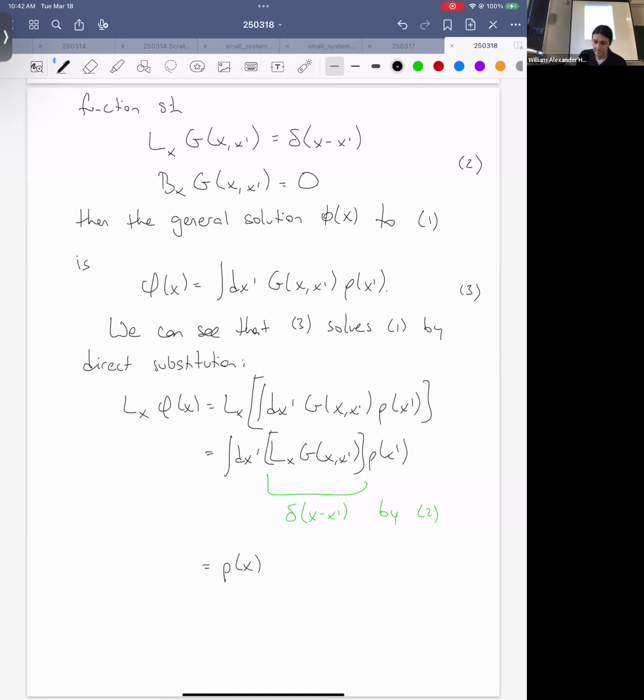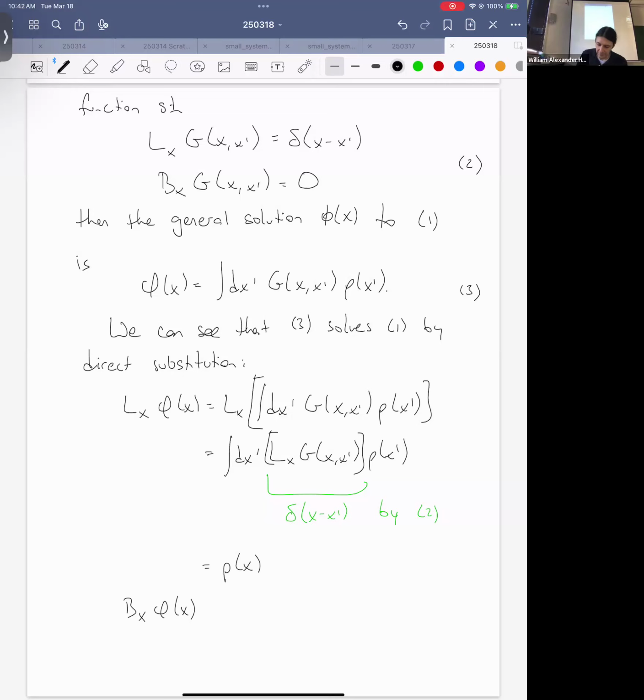And then if we act the boundary condition on phi of x, what do you think is going to happen? Yeah, I'm not sure if everybody's quiet because it's so obvious or because everybody's lost. But I'm sorry? Yeah, it's 0, right?